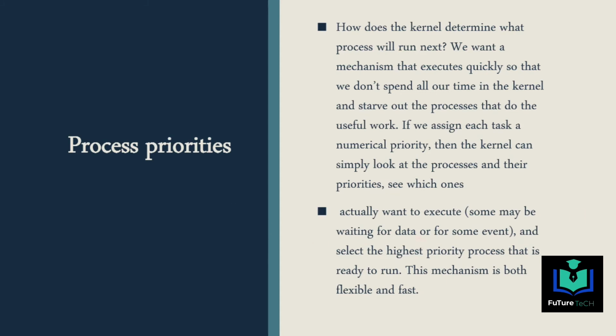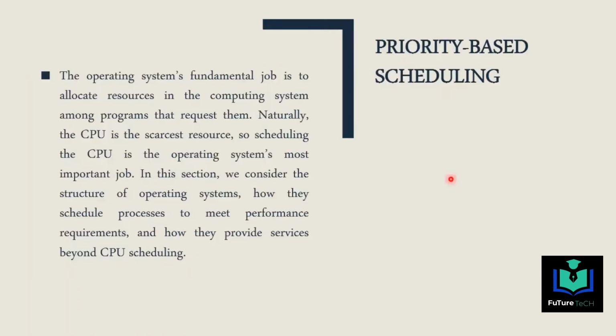So let us see priority based scheduling. You all know the CPU is the scarcest resource, and sharing the CPU between 2 or 3 tasks is going to be very challenging. So firstly we have to set some priority before sharing the CPU.